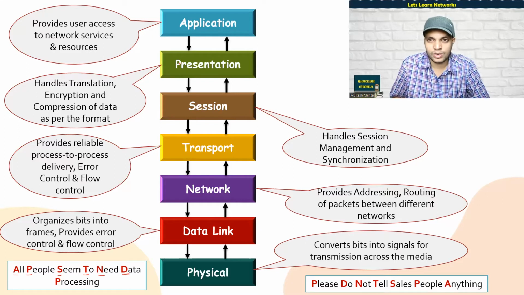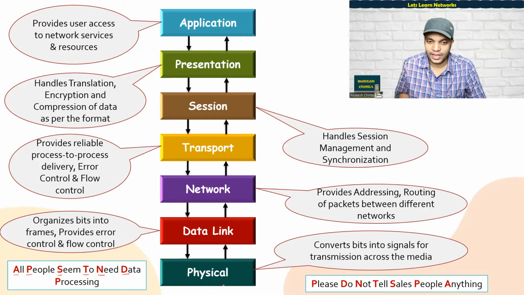If you see, these arrows depict the information flow between the layers. In our earlier videos we discussed the hierarchy of layers and layered architecture. Similarly, at the sender, the data will be passed on from application to presentation, presentation to session, session to transport, transport to network, network layer to data link layer to physical, where the data gets converted into signals, and the signals are transmitted across the medium.